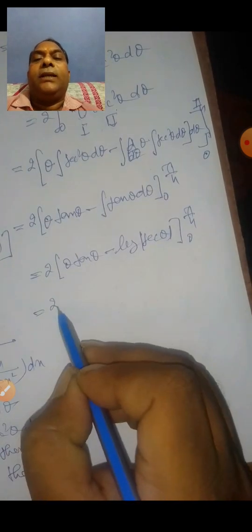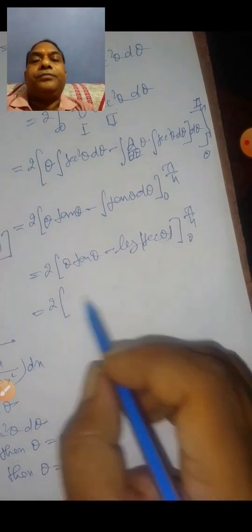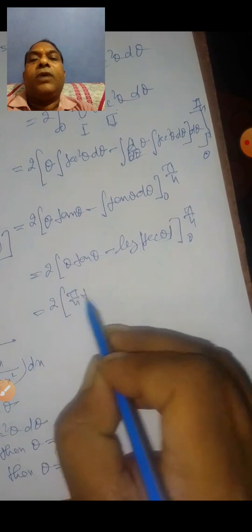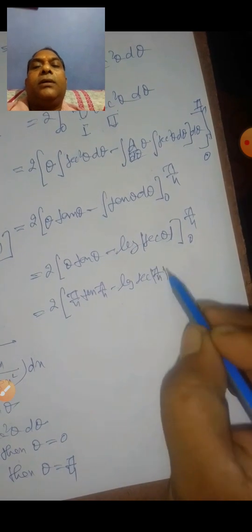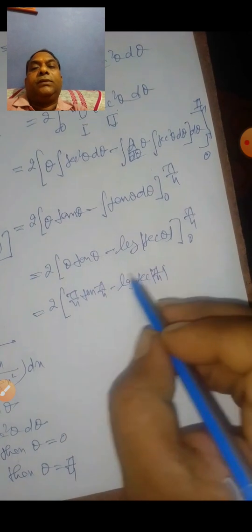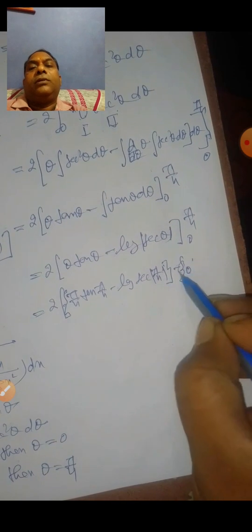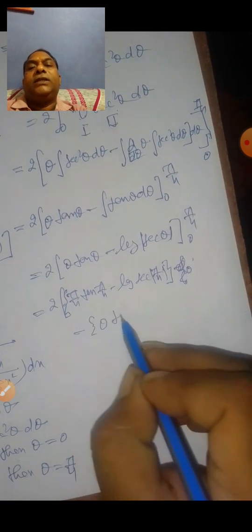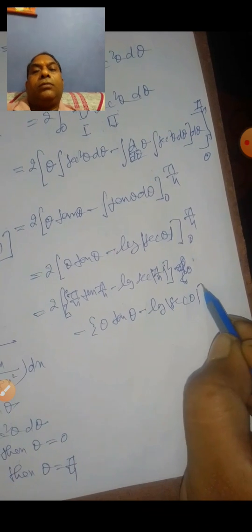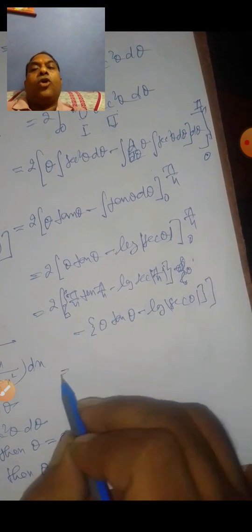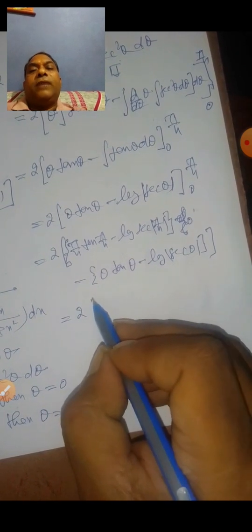Now apply the limit, 2, apply the limit here: pi by 4 tan pi by 4 minus log sec pi by 4, minus, now put 0, means apply the lower limit, 0 tan 0 minus log sec 0.